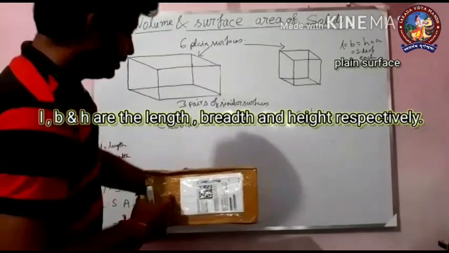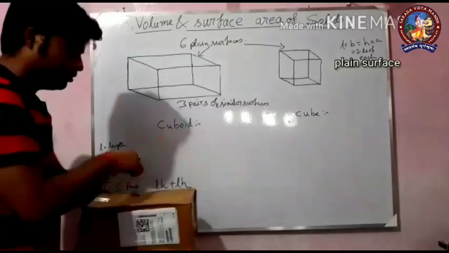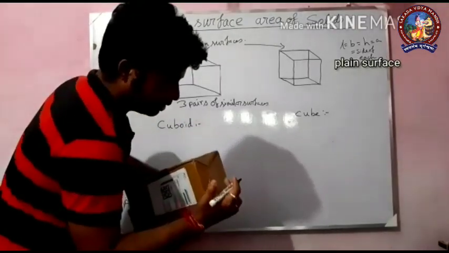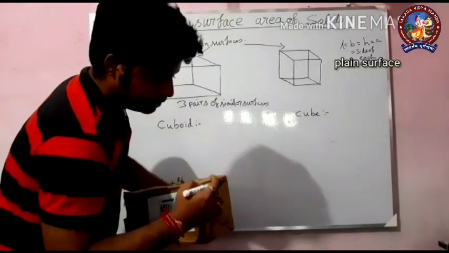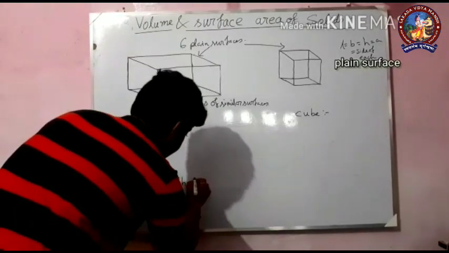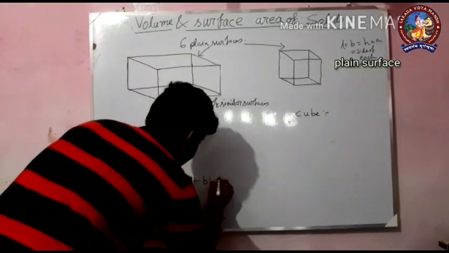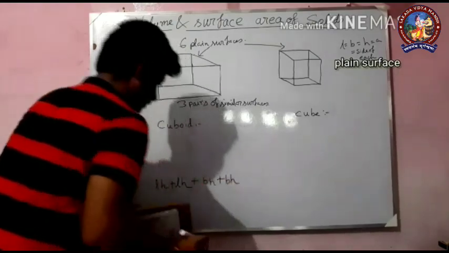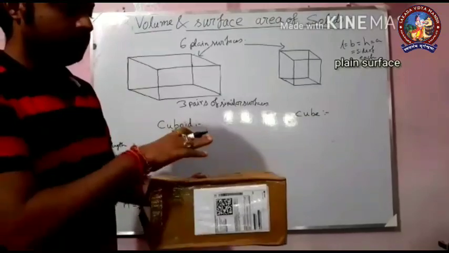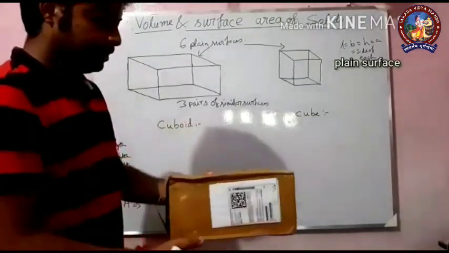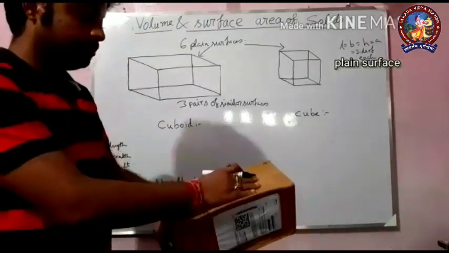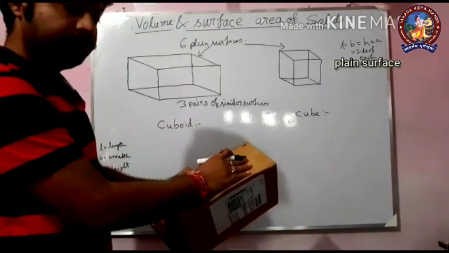For the front surface this is LH, and the back surface is also LH because it is similar to the front surface. For the left hand surface, this is breadth into height, so there will be 2 breadth into height surfaces. And for the upper and lower surfaces, or top and bottom surfaces, that is length into breadth. In this way you can calculate the surface area.